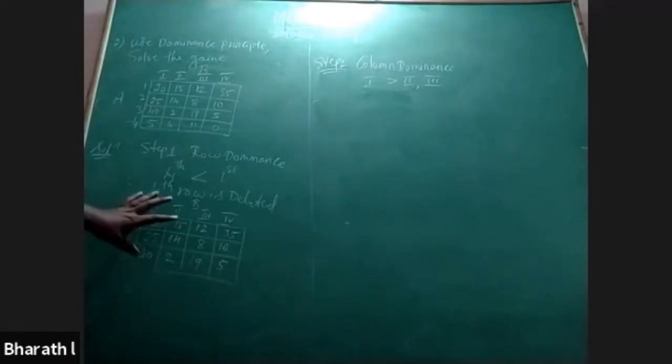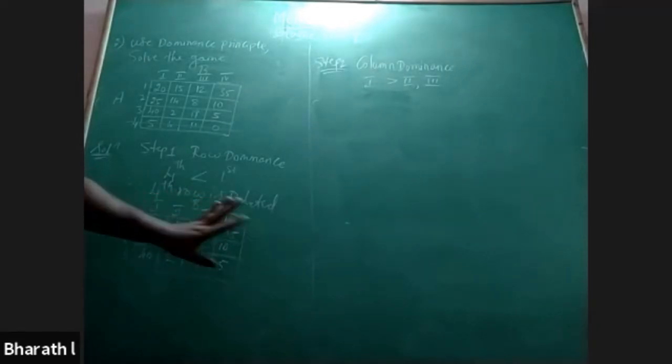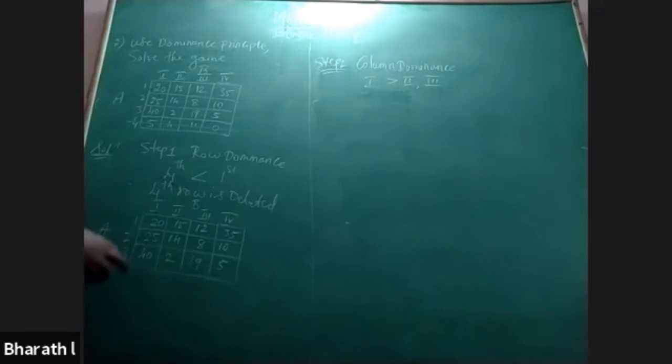That combination of first and fourth column is not possible. Then we will check second and third column: 15 and 12, 15 greater, 14, 8, 14 is greater, 2, 19, 19 is greater. That is second and third is not possible.